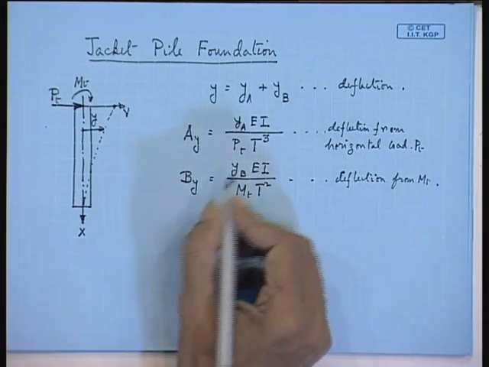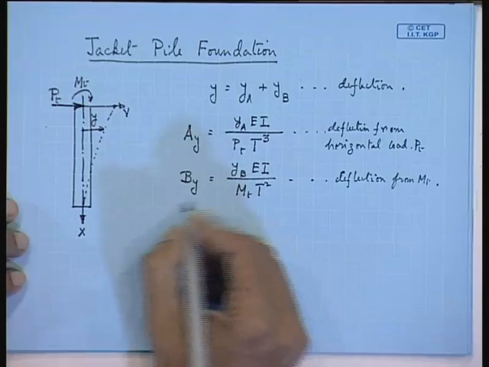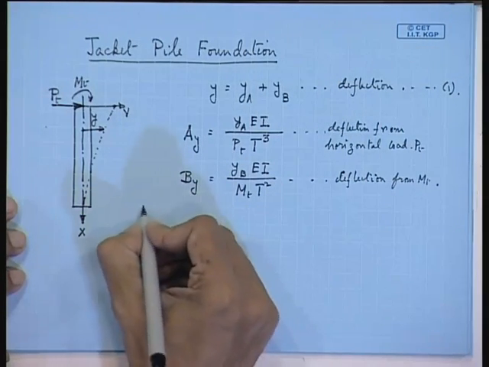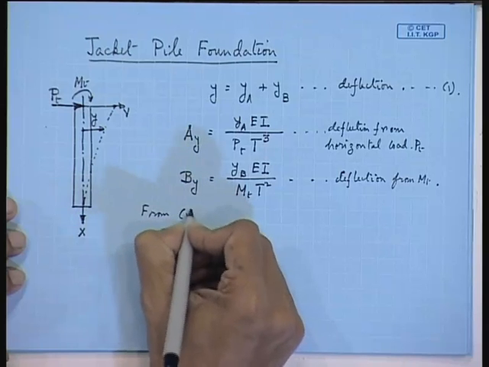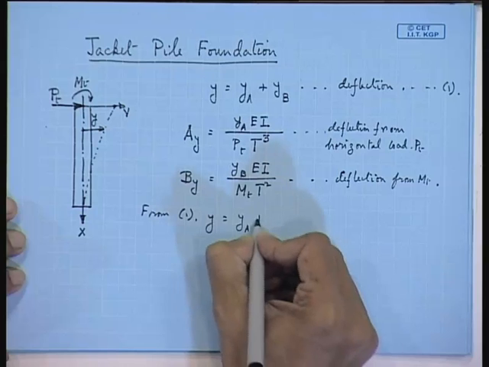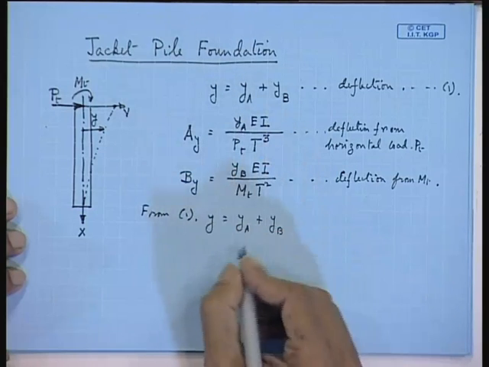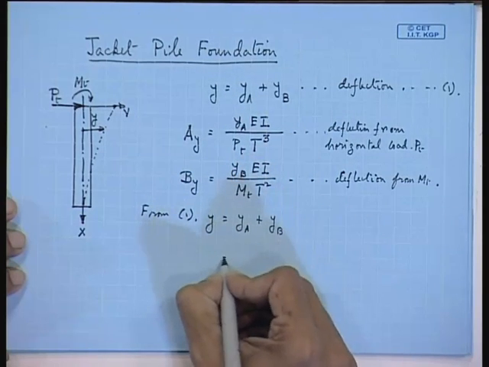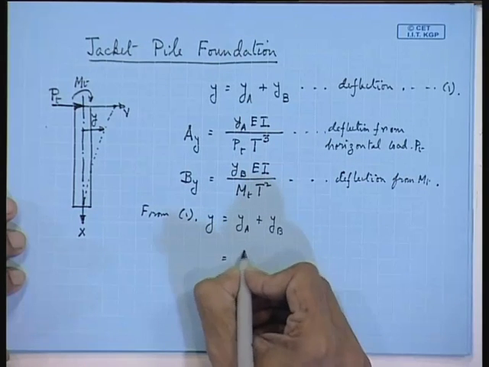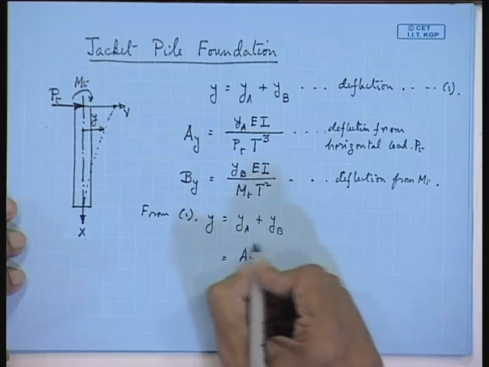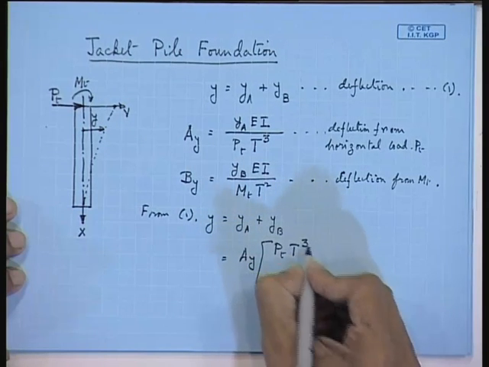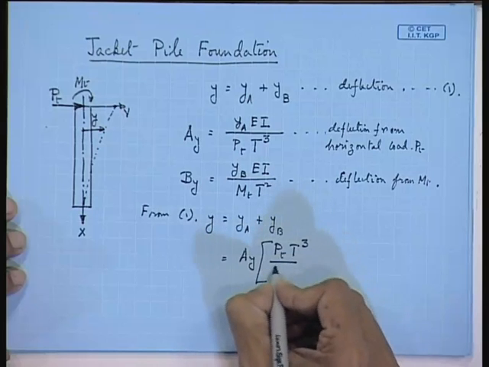So, y turns out to be, from this you can get yA. Coming to this equation, from 1 we get y equals yA plus yB. Now, yA you get from here. This will be equal to the coefficient, you keep this as Ay, multiplied by PT T cube over EI.